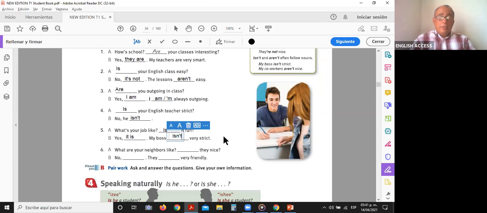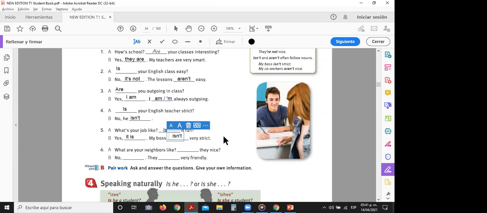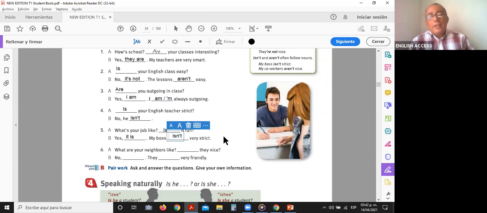Por eso el trabajo. Ahí podría ser también is sin la negación. That is correct. If the answer of the job was no, it's not fun, the reason is because the boss is very strict, y ahí no sería divertido.